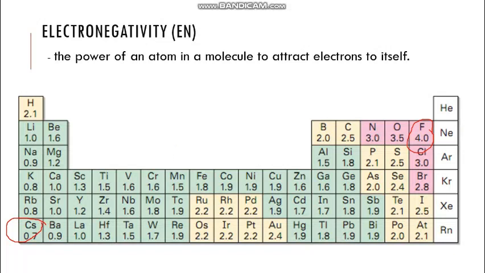Those in red are the most electronegative, those in yellow are medium, and those in green are the least electronegative.